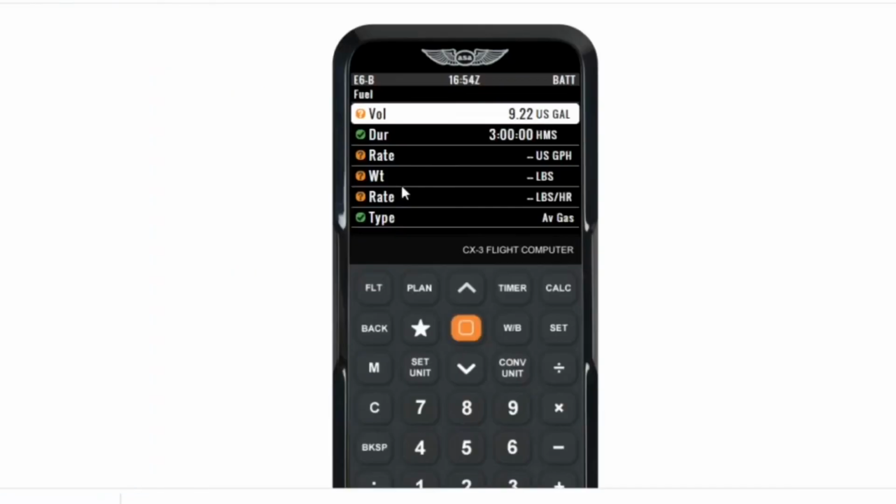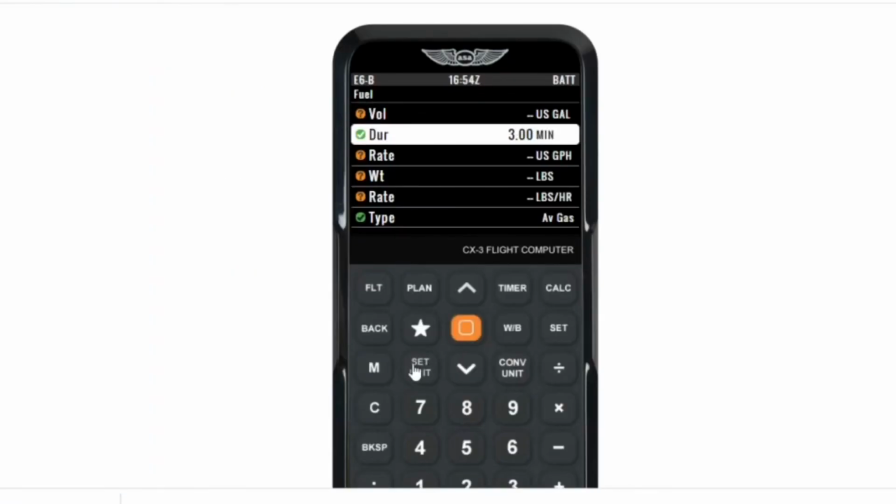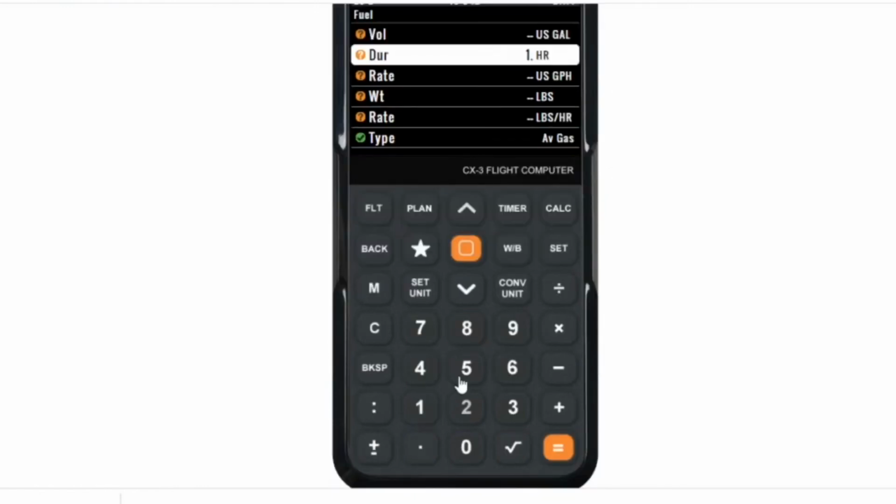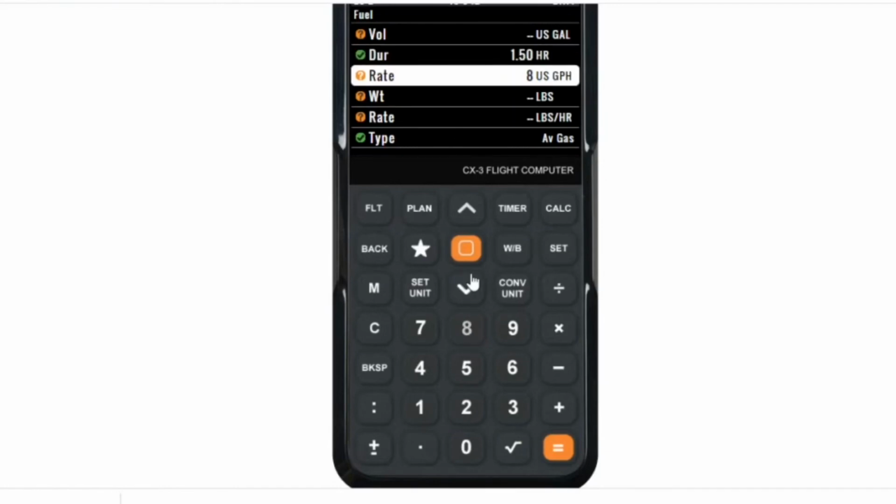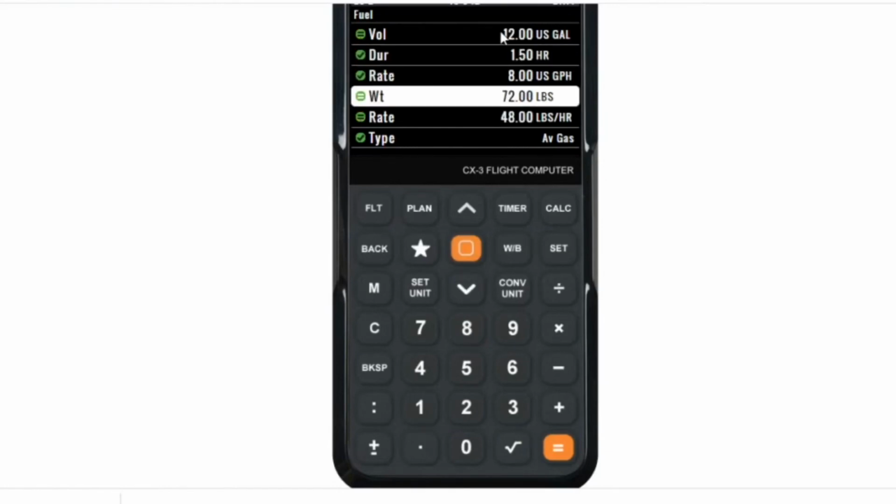So if the duration of the flight is 1.5 hours, and we're going to be burning at 8 gallons per hour, that says that we're going to burn 12 gallons of fuel, which makes sense. We're going to be burning 8 plus an extra 4 makes 12 since it's 1.5. So that makes 12 gallons of fuel used.